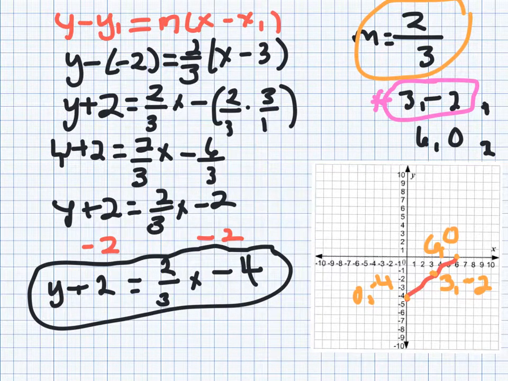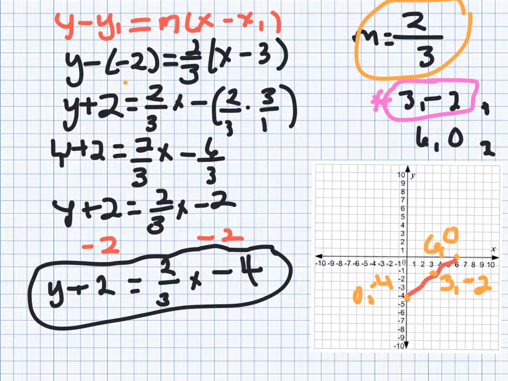So now we're going to plug in our numbers. We have y minus y1. We have to use the point-slope form to get the answer here, since we don't know the y-intercept. So we have the negative 2, which comes from here, equals the slope, which is there, times x minus the x1, which was 3.